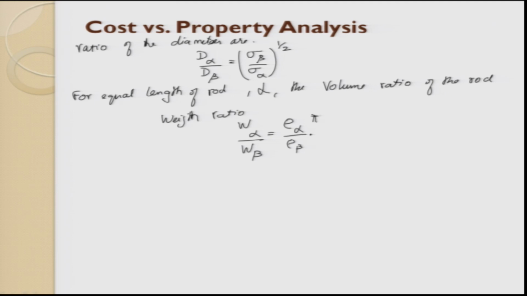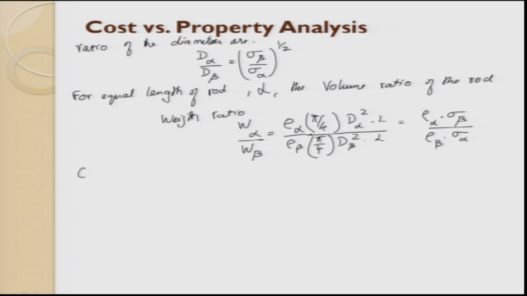So this is pi by 4 d alpha square into L, divided by pi by 4 d beta square into L, that is nothing but rho alpha into sigma beta by rho beta into sigma alpha.